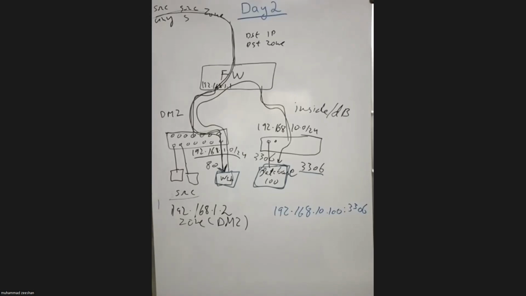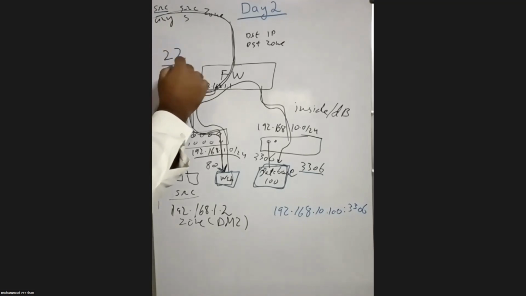Let's say it happens that someone opens a port by mistake. You're adding a rule, source any, destination any, destination port any, and you can connect. Fine. By mistake, you have used this rule.